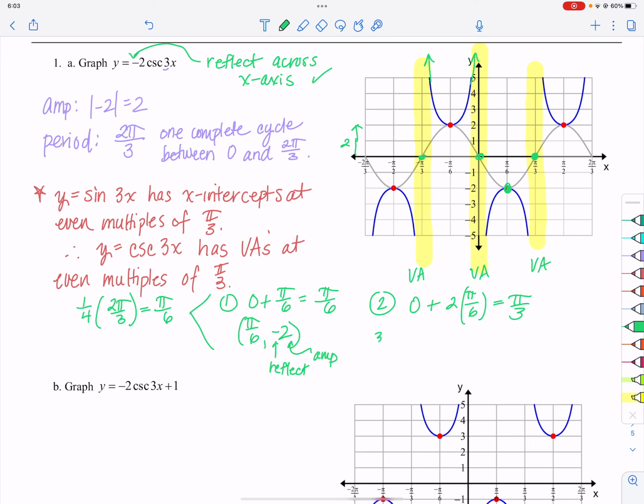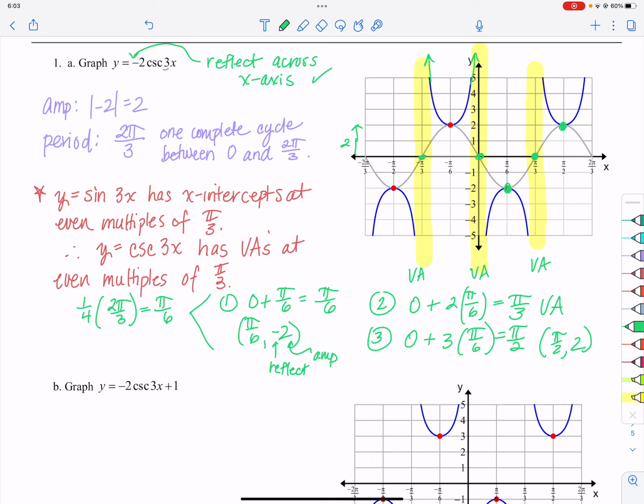Okay, then we'll go ahead and go to 3. 0 plus 3 pi over 6, and that will be, put vertical asymptote there, pi over 2, and that generates a point, pi over 2, 2. And as you can see, that's right here. And that would continue on.